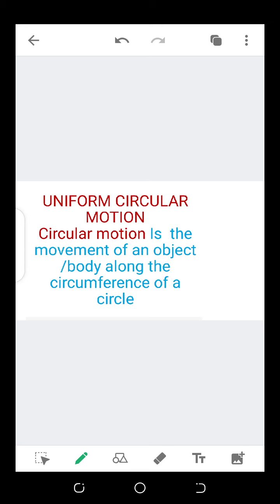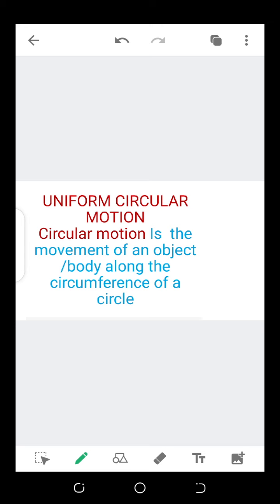That is what I want us to take note of: not as in linear motion where objects were moving on a straight line, so we could find the velocity and the speed. That's what we were doing in Form 3 linear motion. In this part, we'll be looking at bodies moving in a circular path.